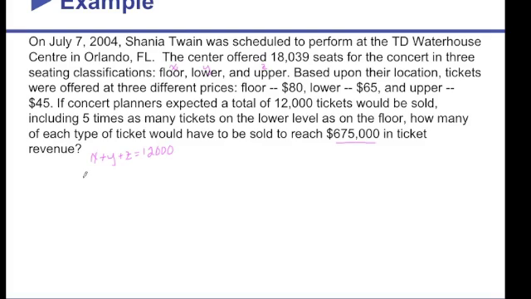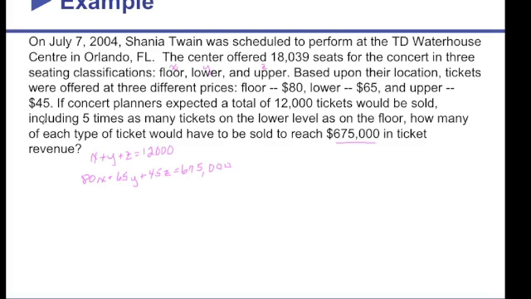The floor tickets X are worth $80 each, plus the lower tickets are $65 each, so 65Y, plus the upper tickets are $45 each, 45Z equals the $675,000 in ticket sales.